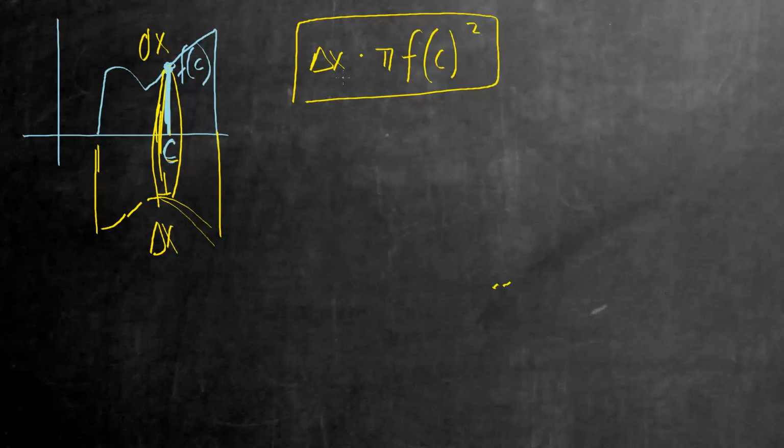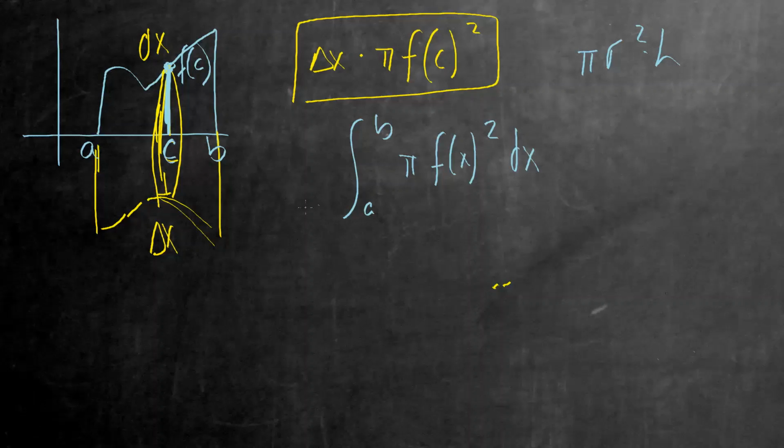And here's our basic understanding: the integral from a to b of pi r squared times the height, or the width of each cylinder. There it is. Fundamental understanding. Pi r squared h, all represented right here.